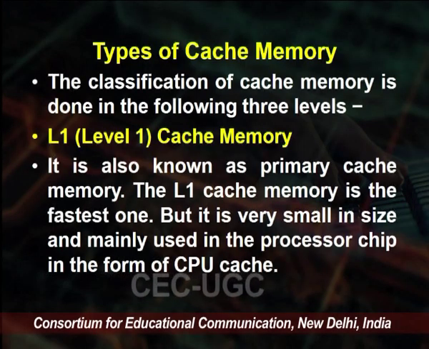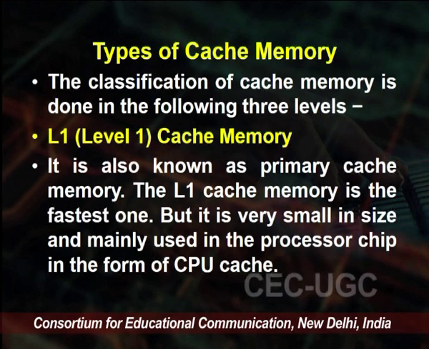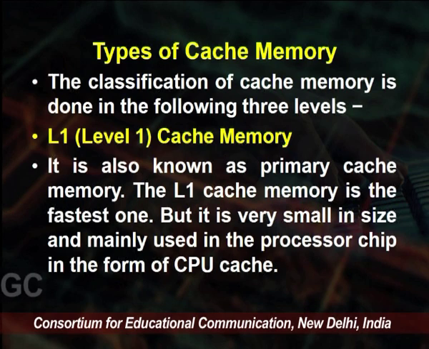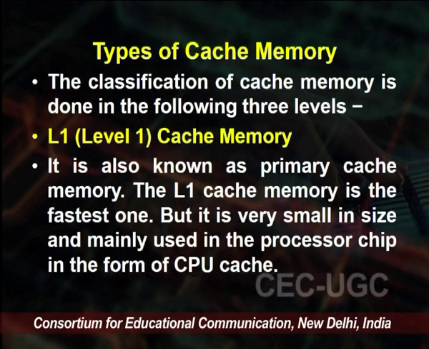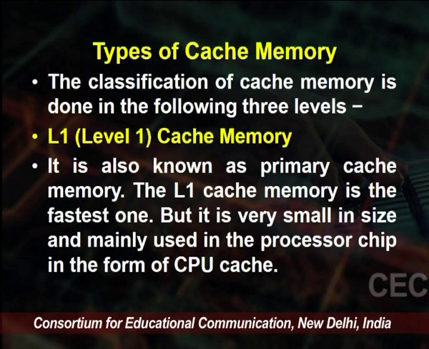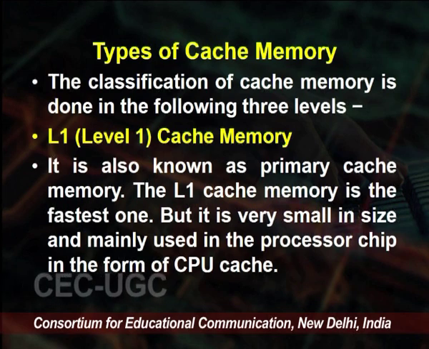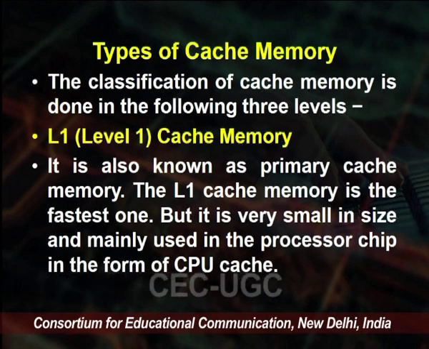The classification of the cache memory is done in the following three levels. Number one is the L1 level, that is level 1, and it is called the primary cache memory. This L1 cache memory is the fastest one, but it is very small in size and mainly used in the processor chip in the form of CPU cache.